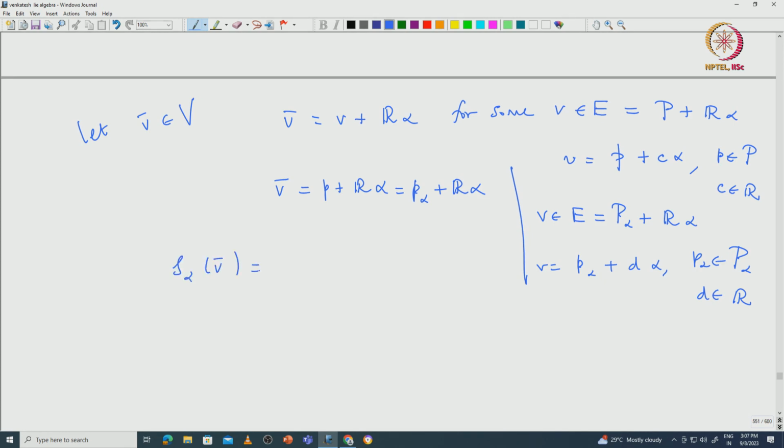S alpha of V bar is exactly S alpha of p alpha plus R alpha, because we know the action of S alpha on P alpha, which is why we use the second representative. S alpha of p alpha must be p alpha, because S alpha fixes all the elements in capital P alpha. So, we get S alpha of V bar equal to p alpha plus R alpha, which is exactly equal to V bar.